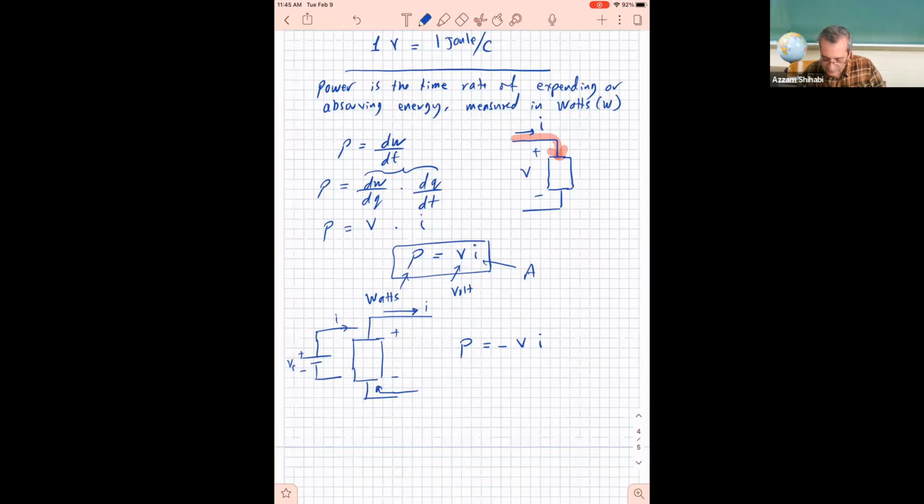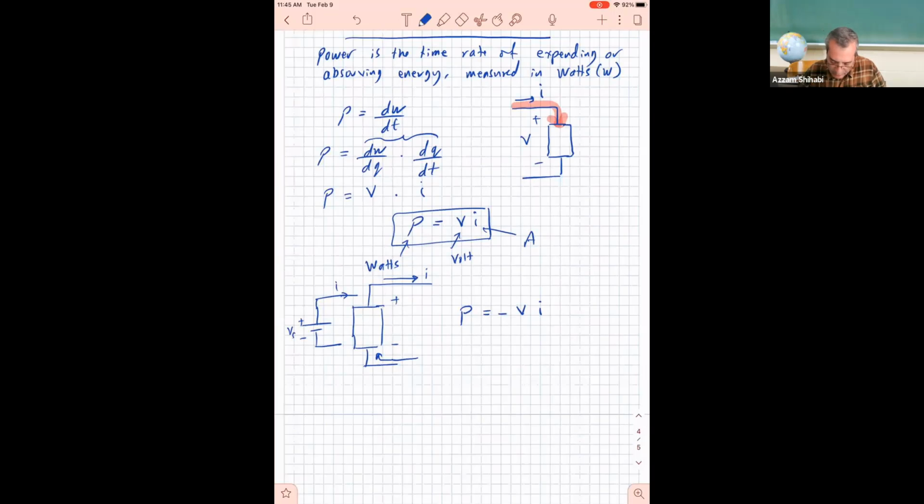Okay, so the power of this battery is going to be negative, negative V times I. If the other circuit elements are resistors, then the power of these resistors is going to be positive.